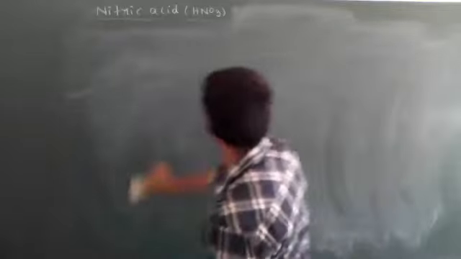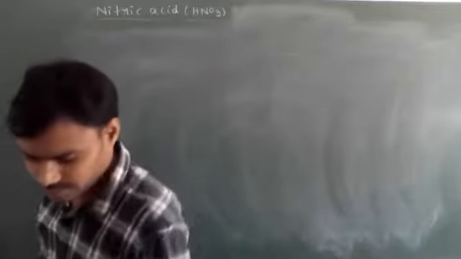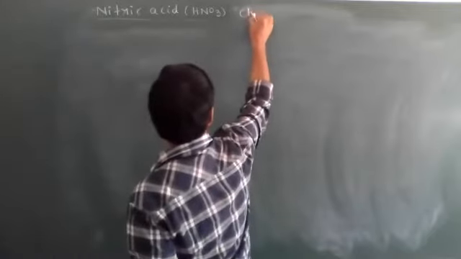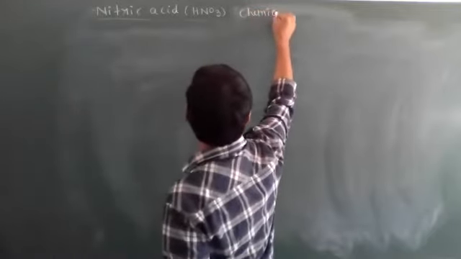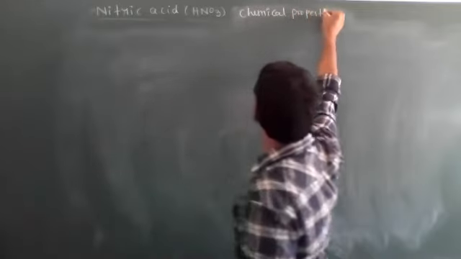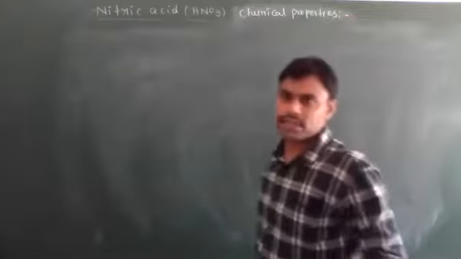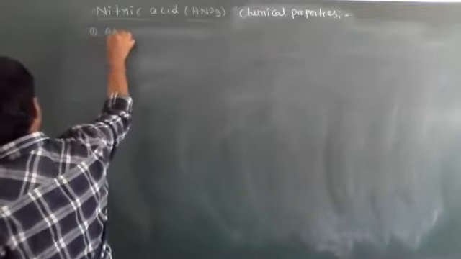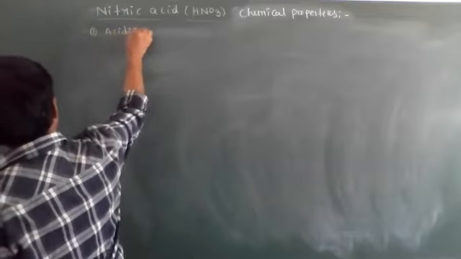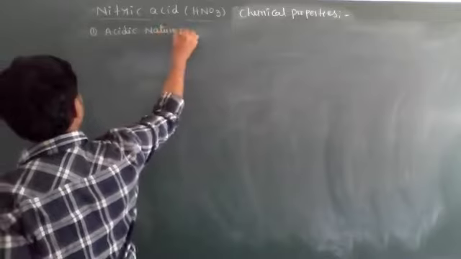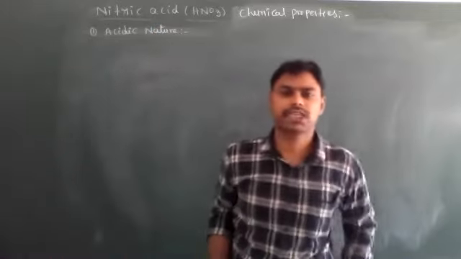Chemical properties are very, very important. The first one is acidic nature. So how can we say that HNO3 is an acid?